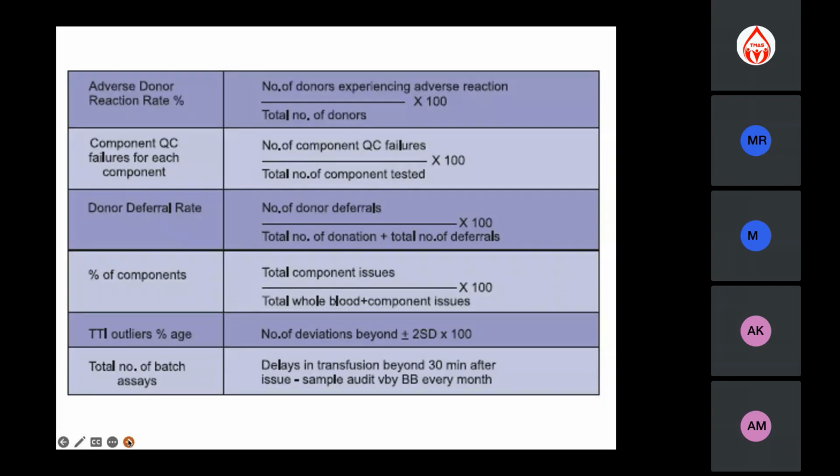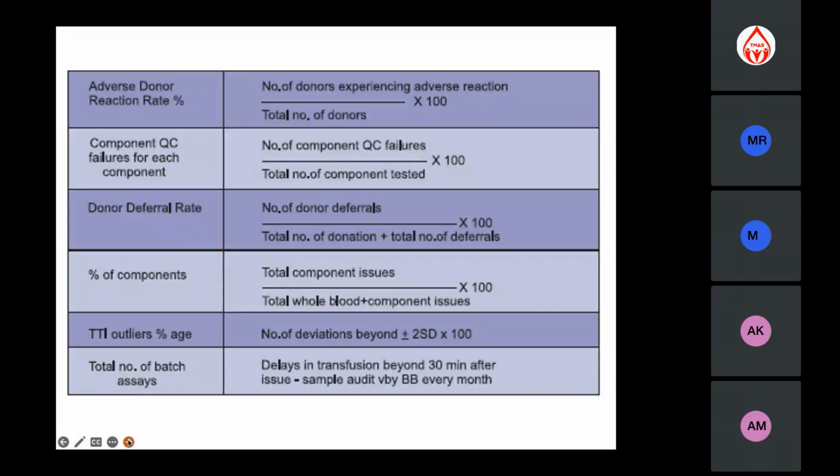The donor deferral rate is the number of donors deferred divided by the total number of donors donated as well as the total number of donors deferred, into 100. Component issue ratio is total components issued by total whole blood as well as components issued into 100.